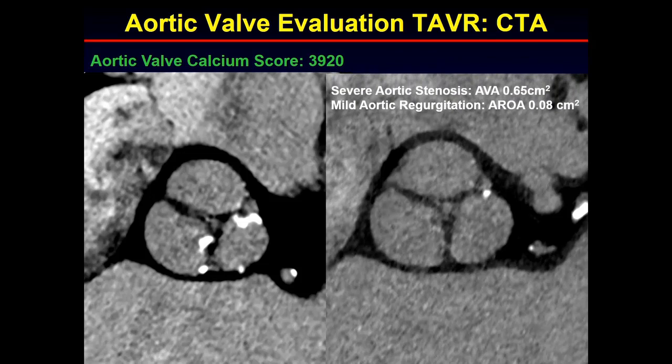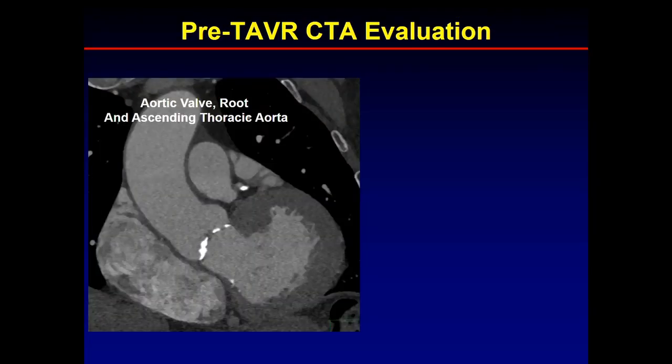And the patient did have an aortic valve area of 0.65 by CT, very consistent with the 0.6 that was gotten by echo. And there was mild aortic regurgitation with an anatomic regurgitant orifice area of 0.08, which is very consistent with what was seen on echocardiography.